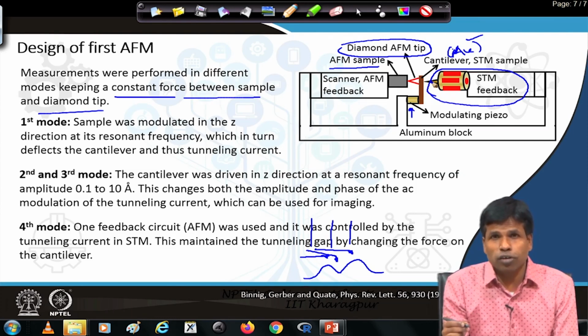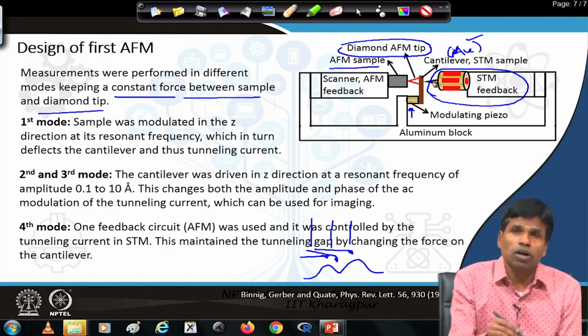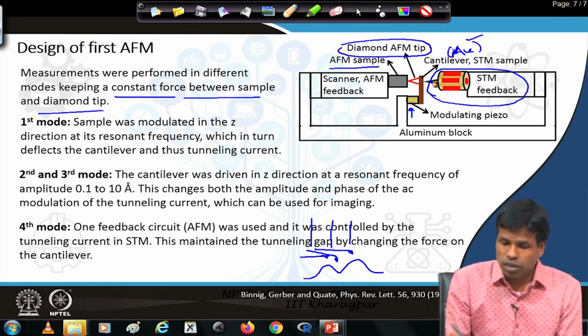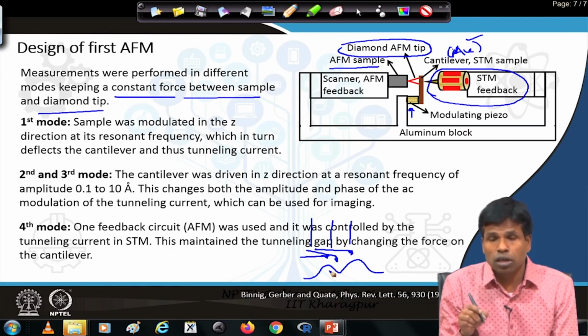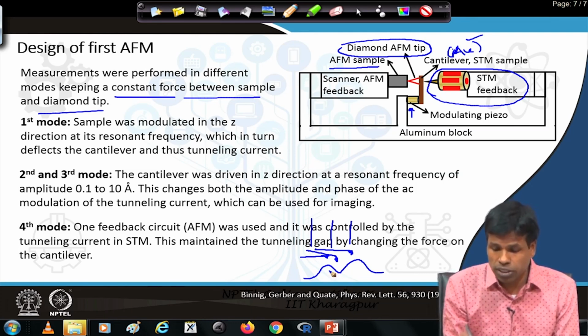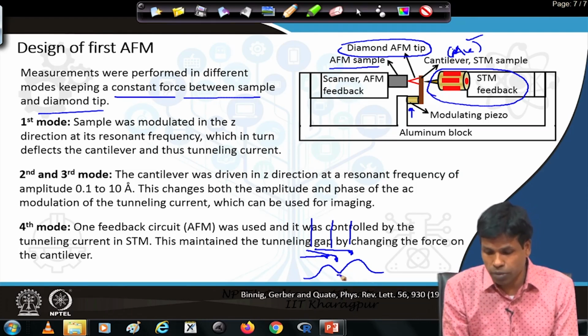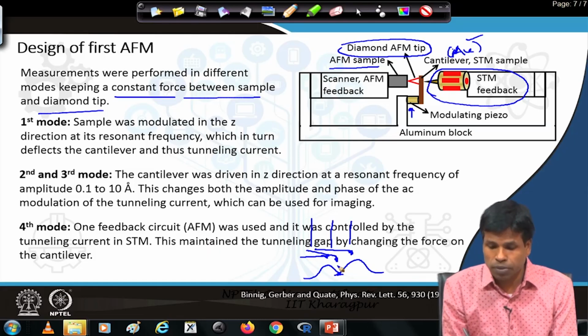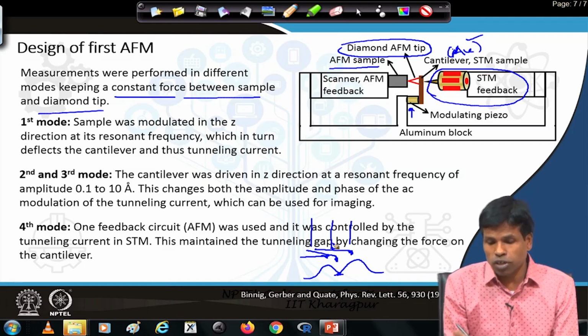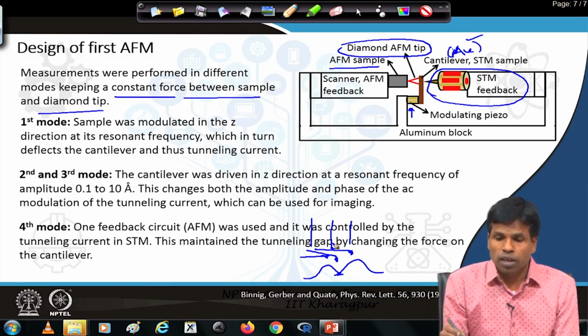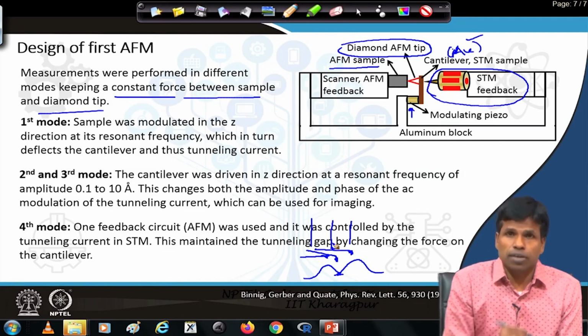So, that tunneling current was utilized to create the images. When the sample position is downward, the tip has to come down to measure constant force, and at those places the tunneling current will decrease. So, using that tunneling current, one can construct an image.